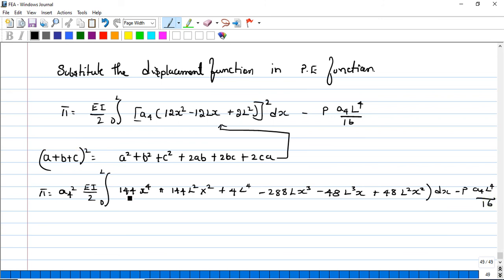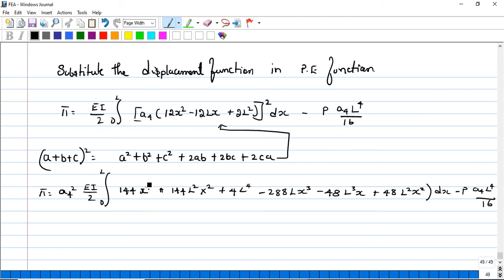Okay, so this will be the function, and now we need to integrate 0 to L with respect to x. So x raised to 4 will be x raised to 5 by 5. When I substitute, L raised to 5 by 5.